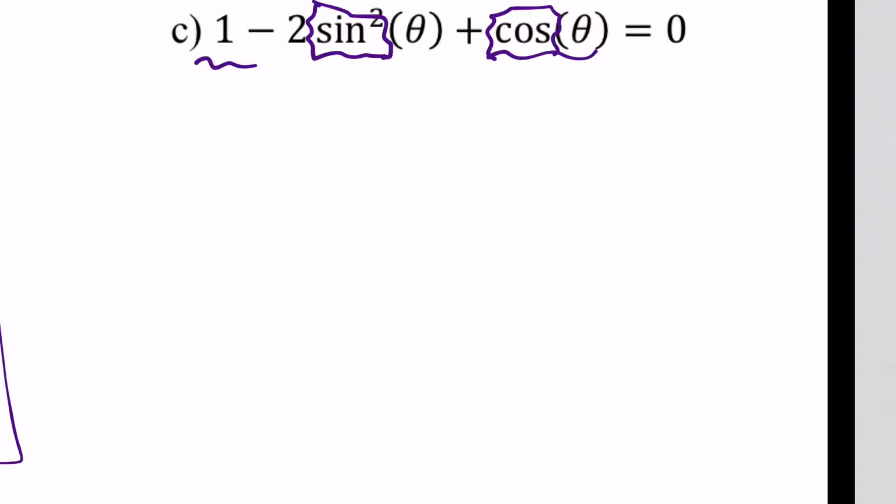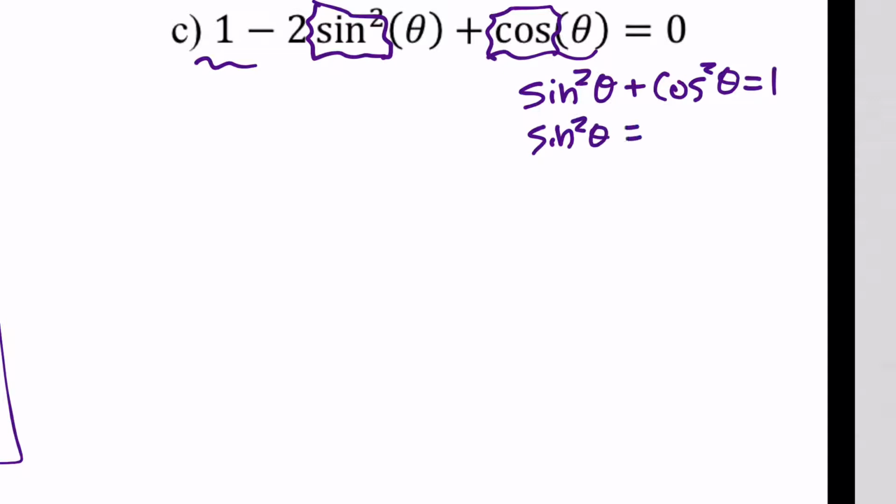And we know the first Pythagorean identity says sine squared of theta plus cosine squared of theta equals 1, which means sine squared theta has to equal 1 minus cosine squared of theta.